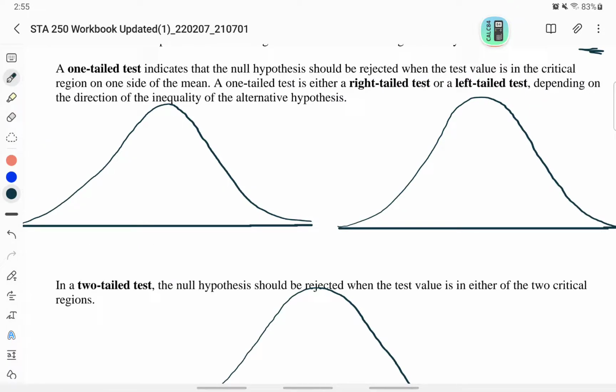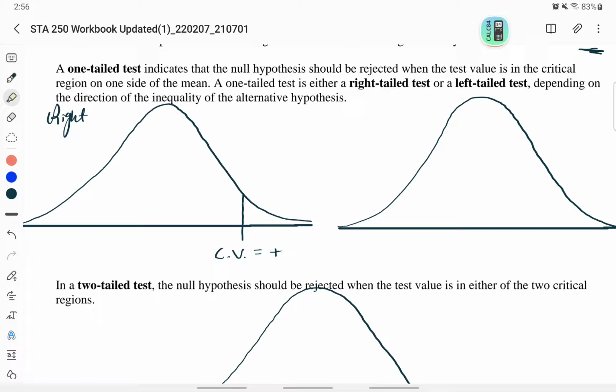Okay, so I'm going to show you now a right-tail test. Let's put right over here. Now, I'm going to place a line right here, and this line is known as the critical value, CV. And if you notice, it is on the right. So the critical value on the right side is going to be positive. I'll put a little plus sign for a positive. Keep that in mind.